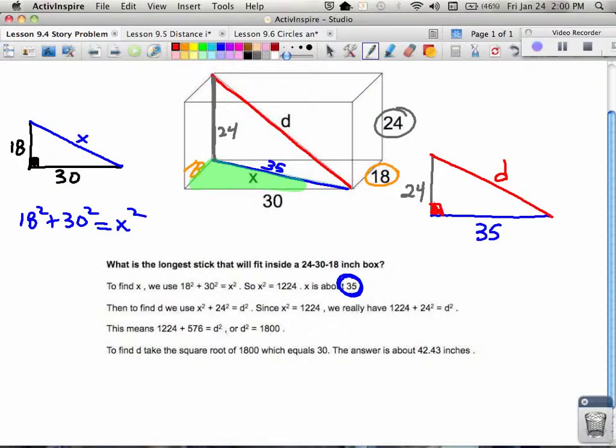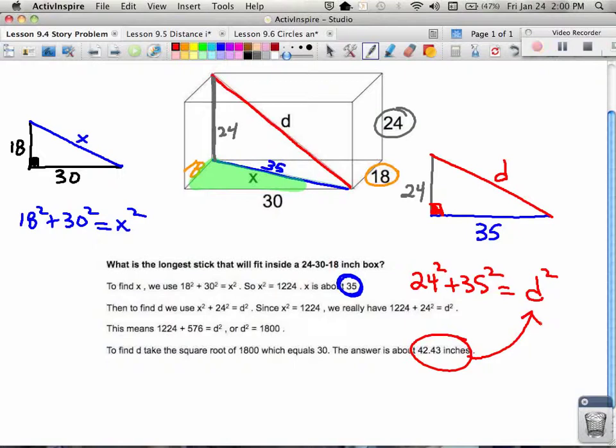So to solve this problem, I would have 24 squared plus 35 squared equal to my distance squared, or my stick length. When I solve it, I end up with 42.43 inches.